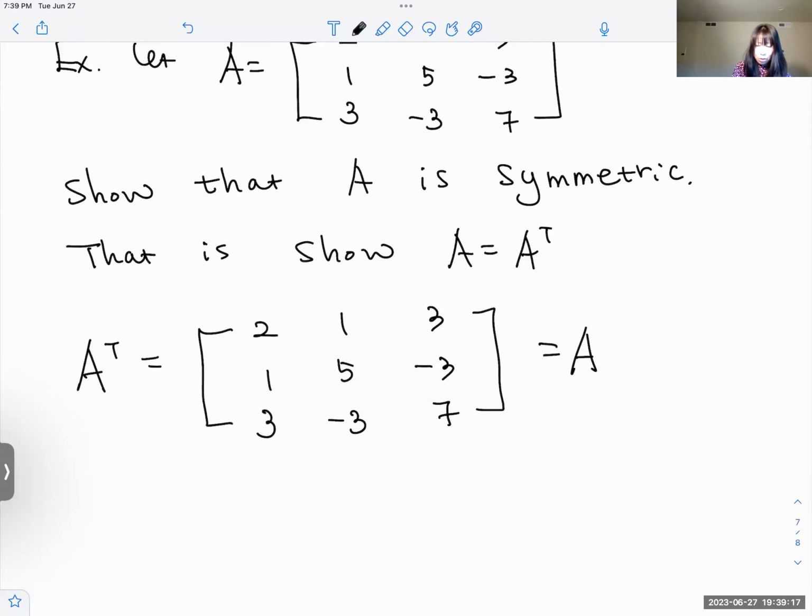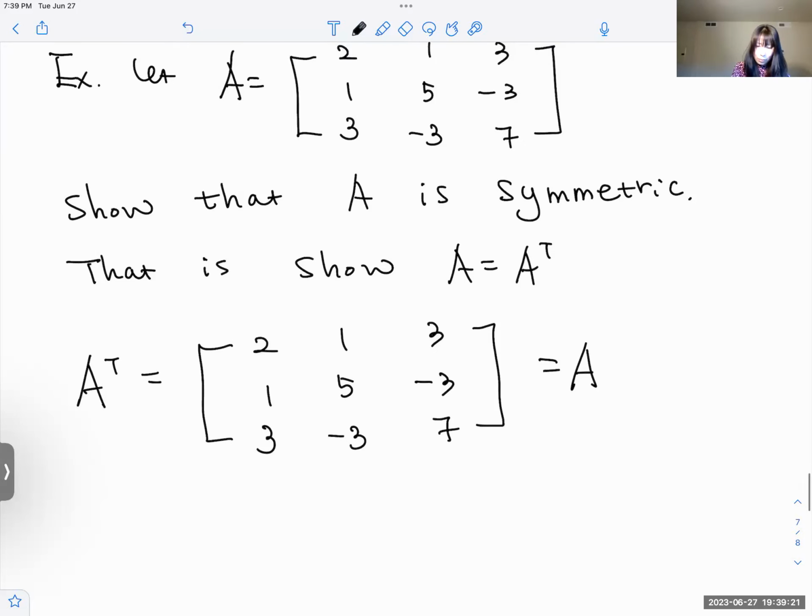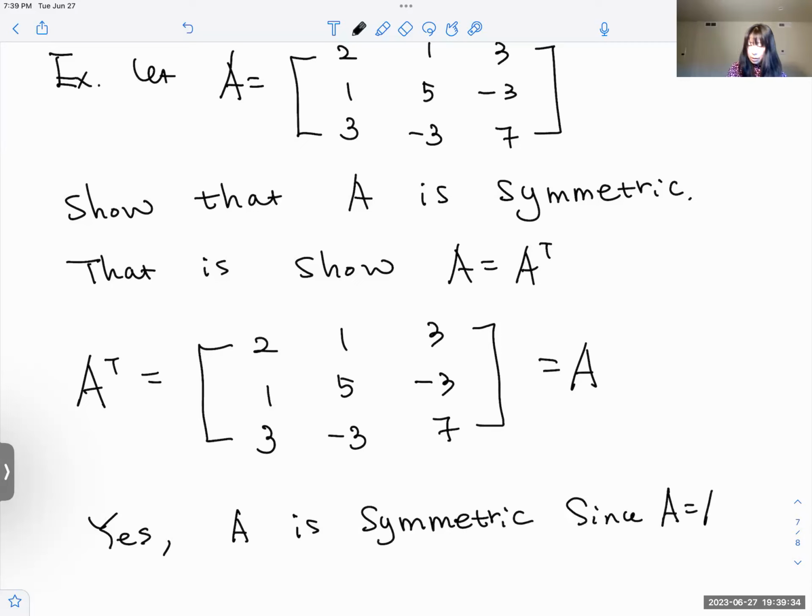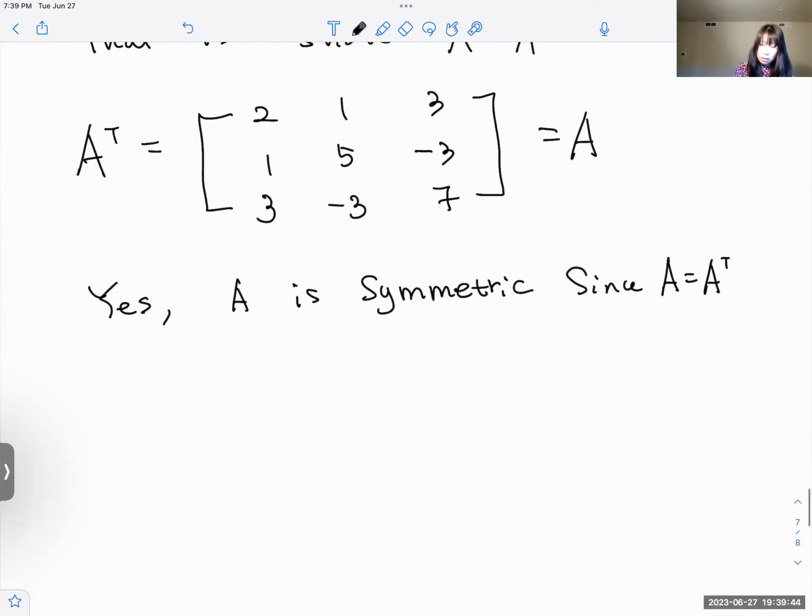So we can conclude, yes, A is symmetric, since A is the same as the transpose of A. Okay, now show that A is skew symmetric. Second part.